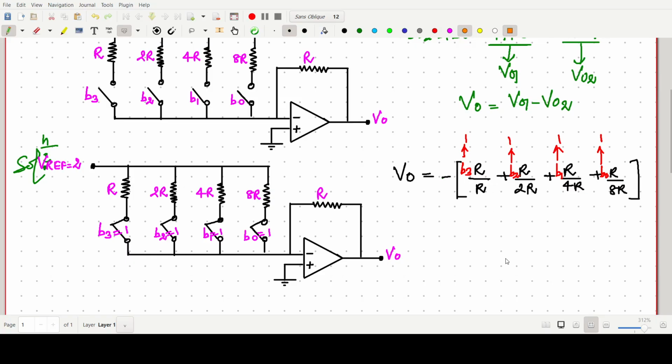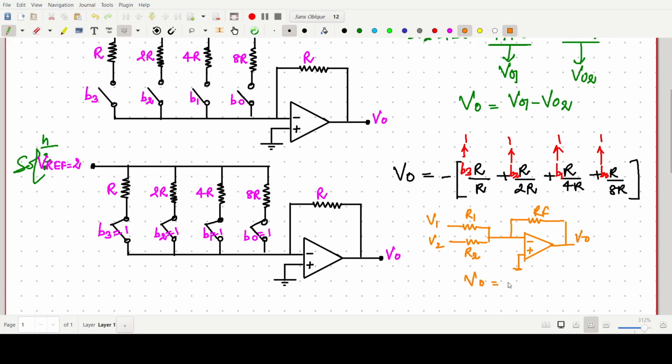Now for the simplest example, if you don't know the basics, I am just writing. Suppose two inputs are there, V1 and V2, with resistors R1, R2 and the feedback resistor RF.